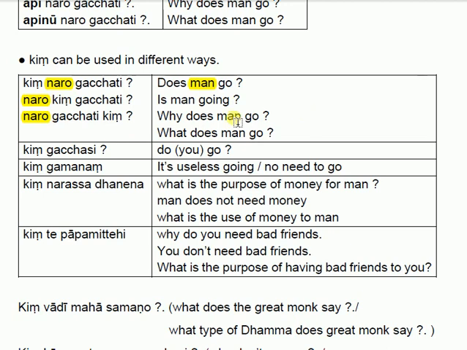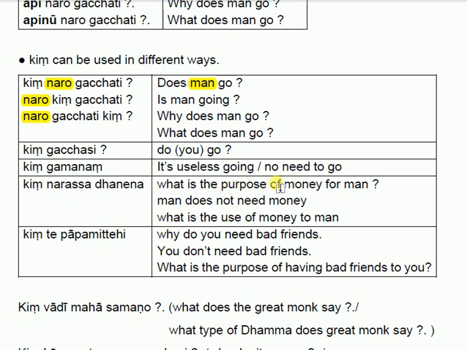Right. Now here again, kim gacchasi. If you say kim gacchasi, it means why go, do go, or why do you go? Where do you go? Or if you say kim gamanam, you say it is useless going, or no need to go.